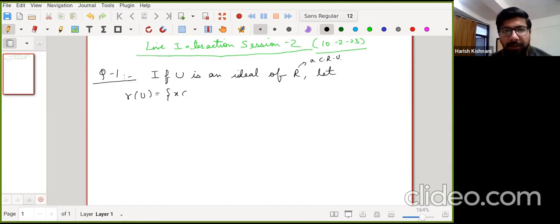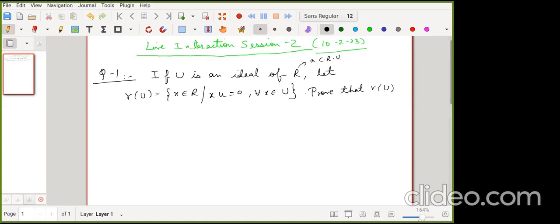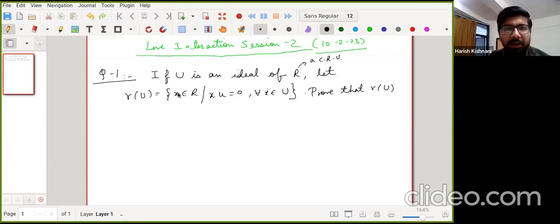This is the set of all elements X in the ring R such that XU is equal to 0 for all U belongs to U. So it is the set of all elements in the ring R such that when you multiply them with elements of U, they vanish. U is an ideal. Is it clear?